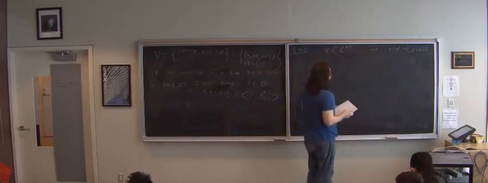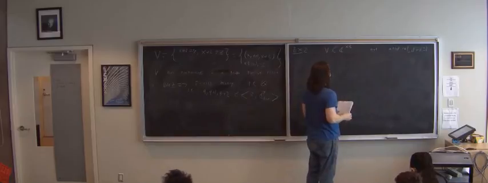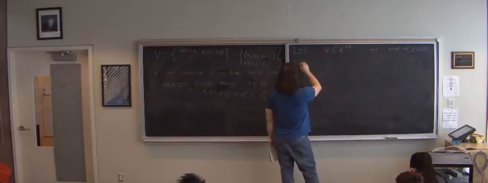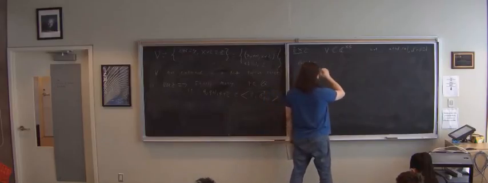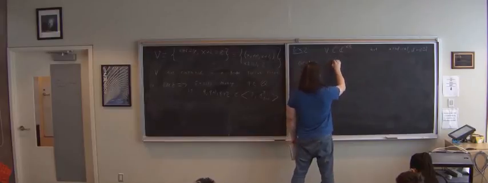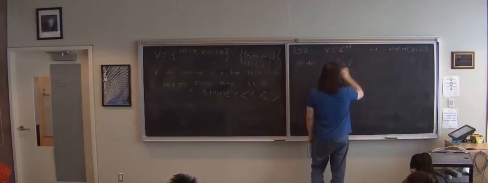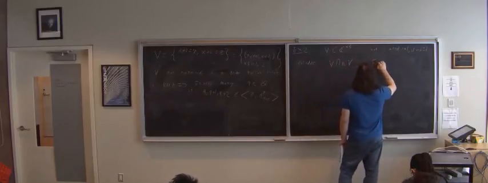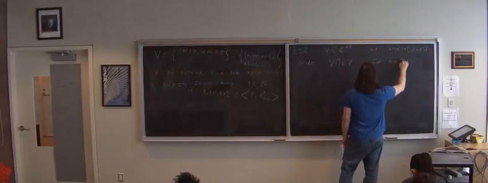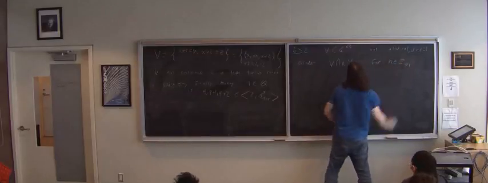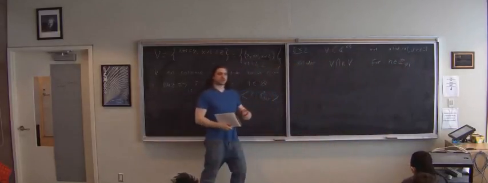Then you can ask the following symmetric question: you can consider points in V intersect n times V, for n a positive integer. Okay? So you can look at the variety V.